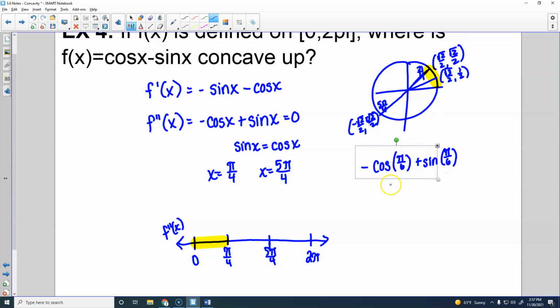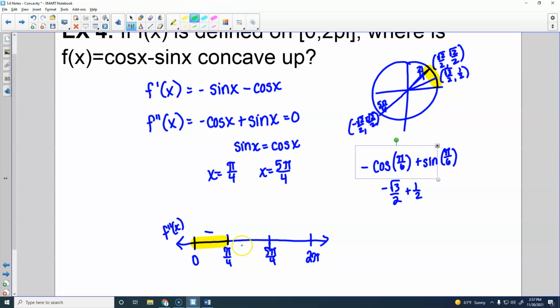Cosine is root 3 over 2, so negative root 3 over 2 plus 1/2. It'd be negative because the root 3 over 2 is larger than the 1/2, so I have a negative here.